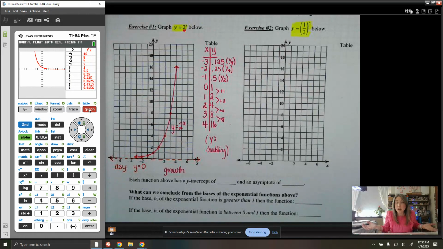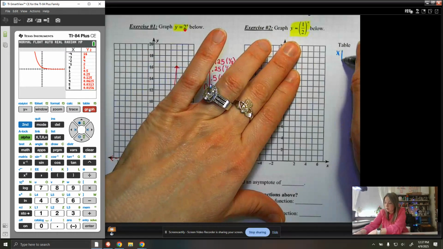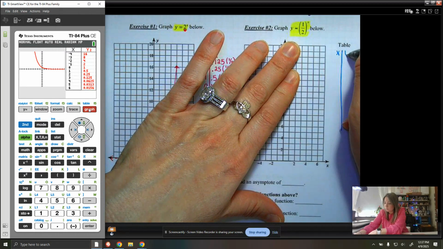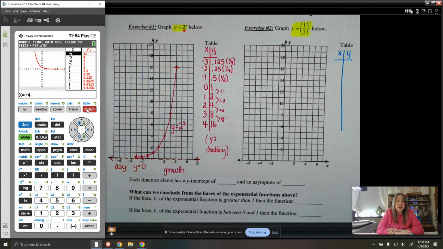Notice that's the exact opposite direction, but same asymptote that I was just dealing with. So I just dealt with a growth function that went the opposite way. And speaking of opposites, listen to this in a second. Let's look at our actual values of x and look at that.